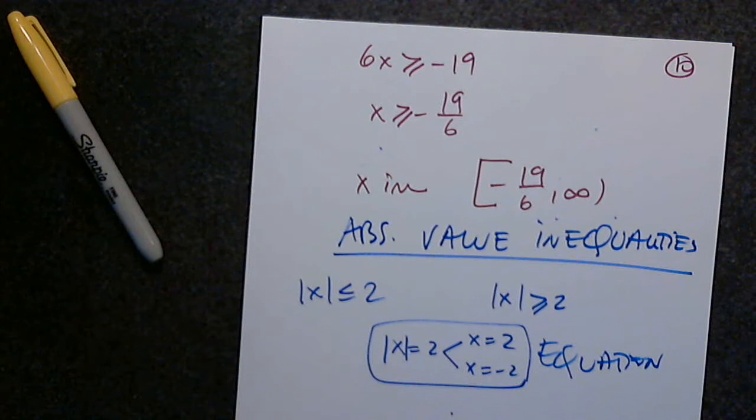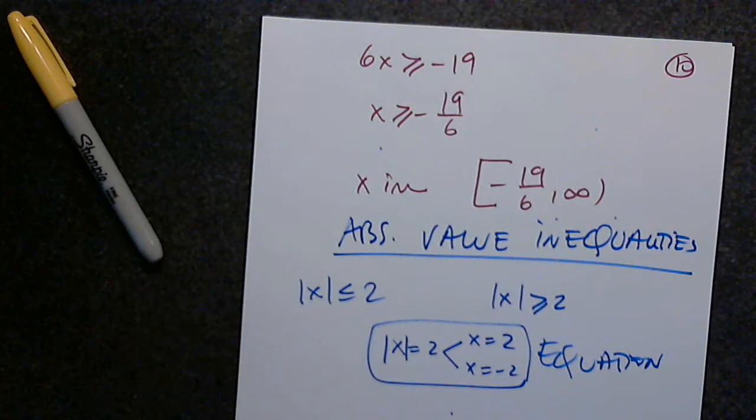Between negative 2 and 2. The second one says find numbers whose distance from 0 is 2 or more. The first one says 2 or less, the second says 2 or more.